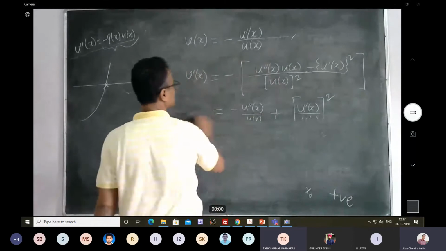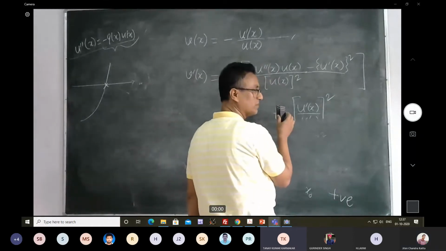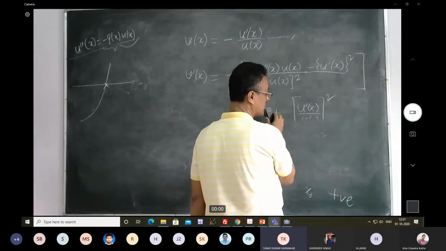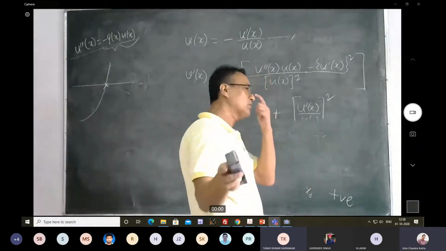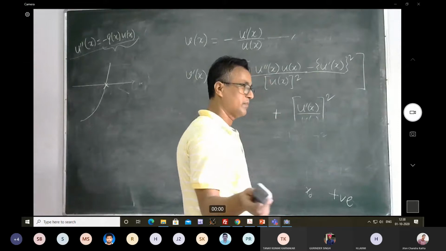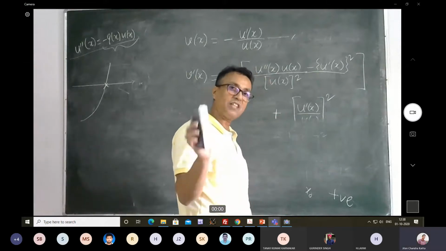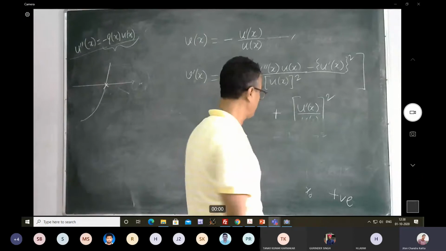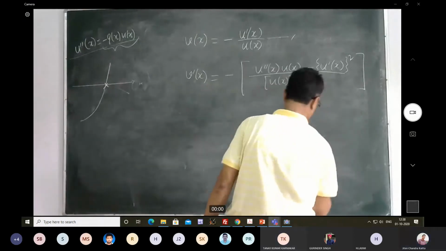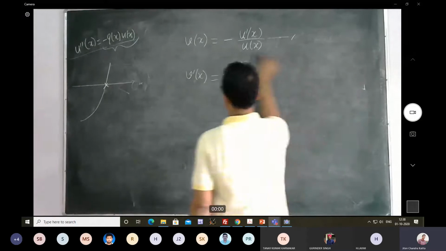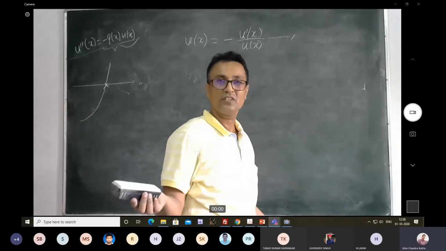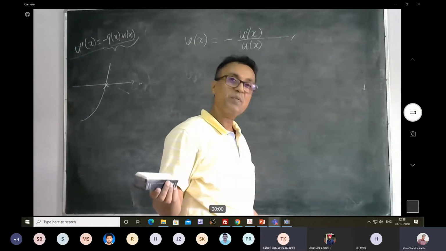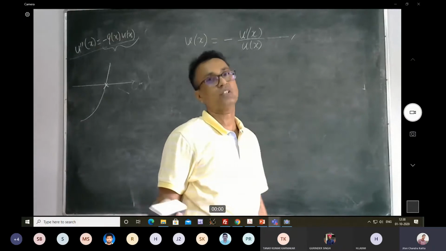Sir, can you say something about the integration part? This is the integral from 1 to infinity of q(x) dx equals infinity. Can you say something about the behavior of this integration? I'm going to do a couple of exercises, then it will be clear to you. The behavior is going to depend upon how q(x) behaves, and depending upon that, you bring out your conclusion.